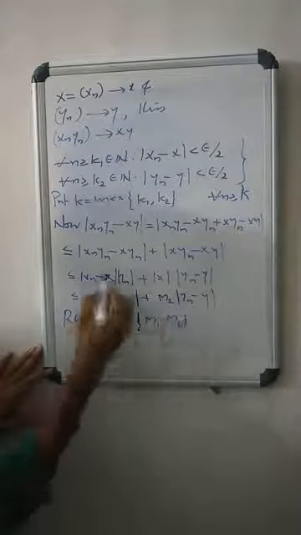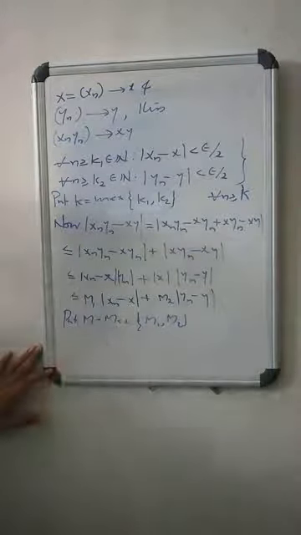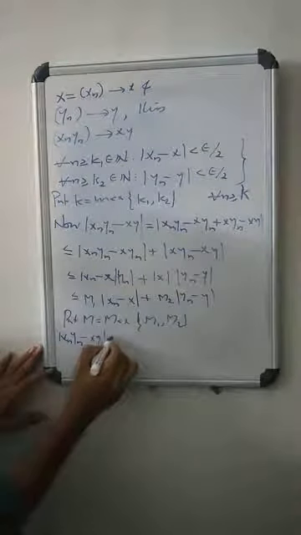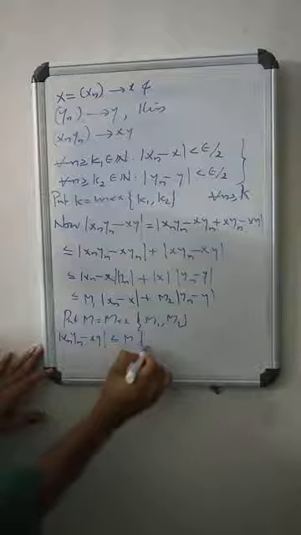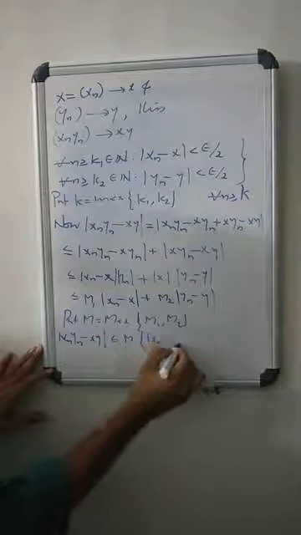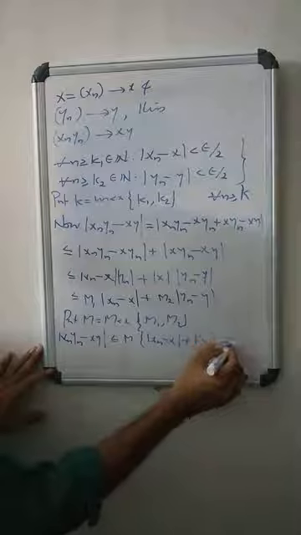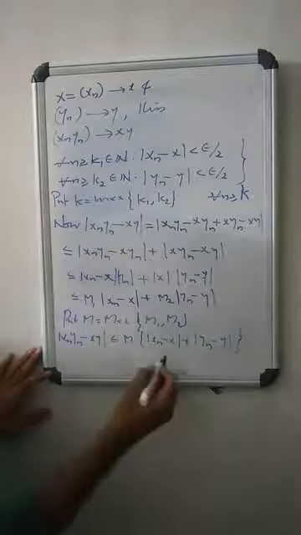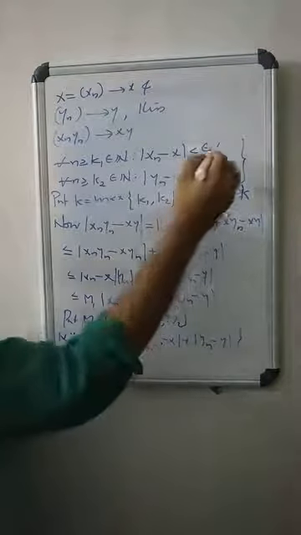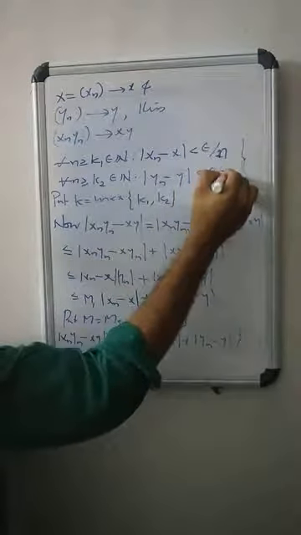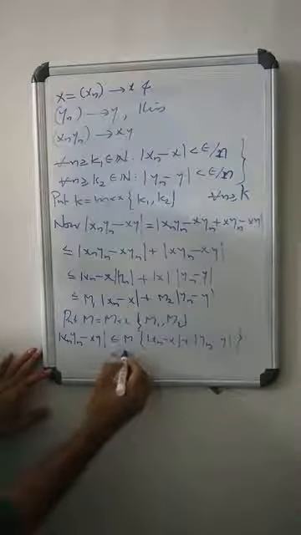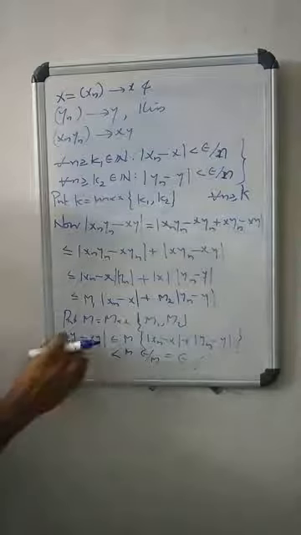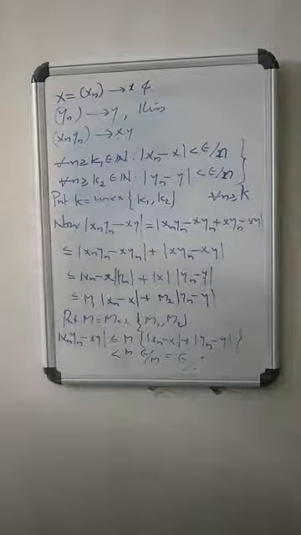So modulus of xn yn minus xy is less than or equal to m into modulus of xn minus x plus modulus of yn minus y. Instead of epsilon by 2, you can choose epsilon by m here. So it is strictly less than m into epsilon by m, which equals epsilon.